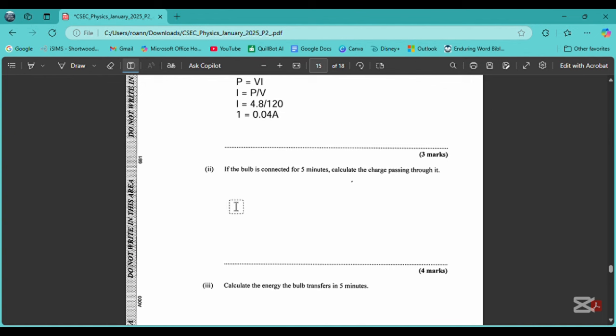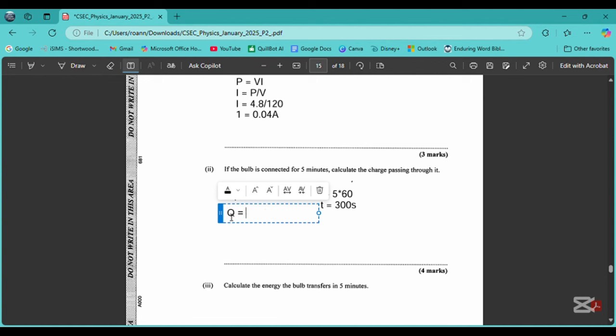II. If the bulb is connected for 5 minutes, calculate the charge passing through it. Now, the formula for charge is Q is equal to IT. T should be in seconds. So to convert T to seconds, we say 5 times 60. Therefore, T is equal to 300 seconds.